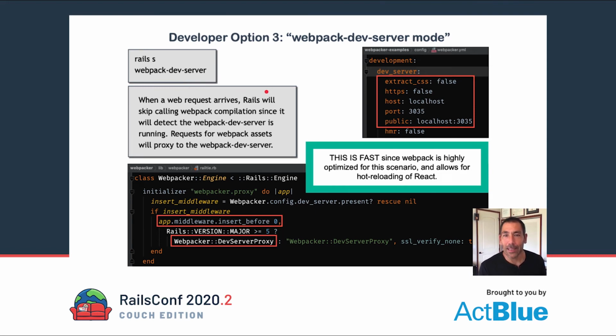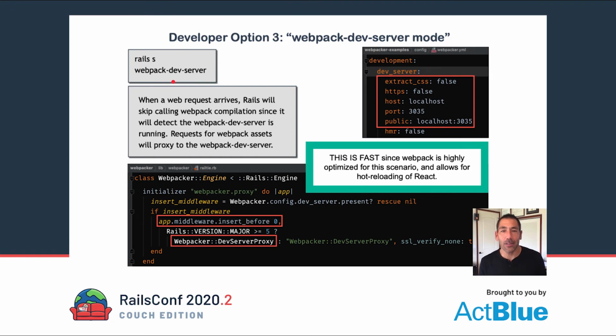So here's the interesting thing: the Webpack dev server is actually a mini web server to serve your assets. But if you look at the source for what comes out of your Rails, you go view source, you're going to see there's nothing different when you're running the Webpack dev server.